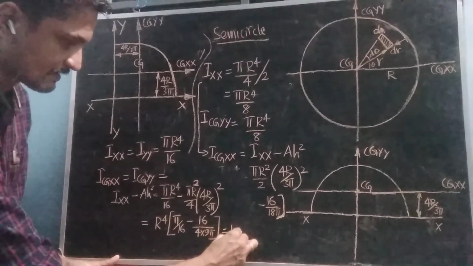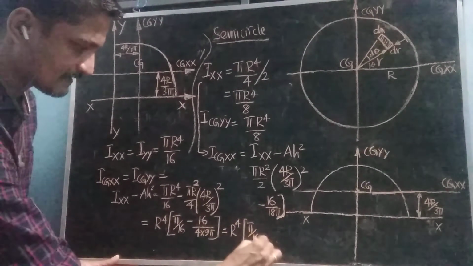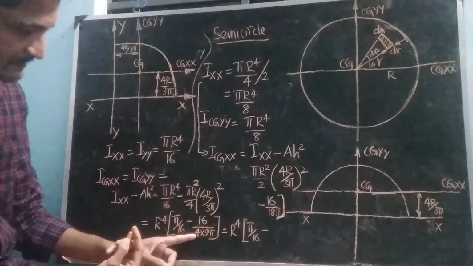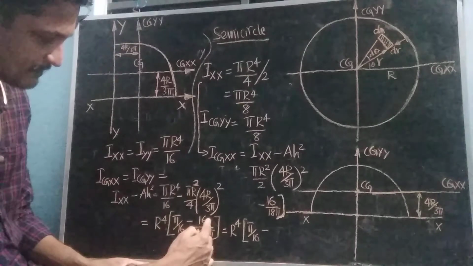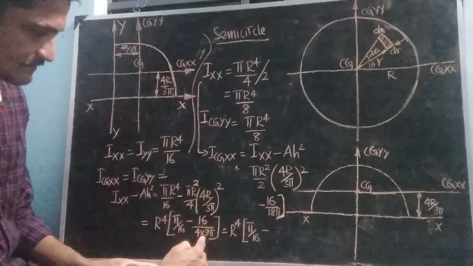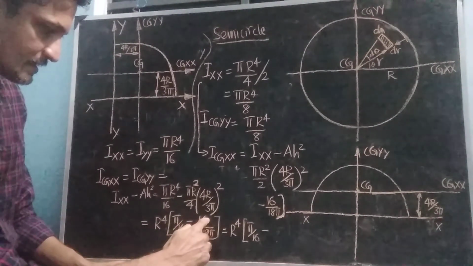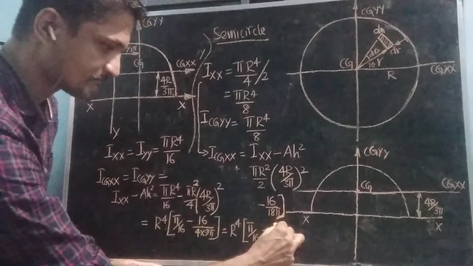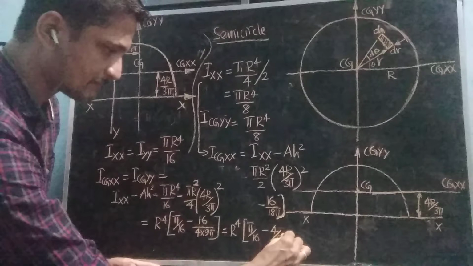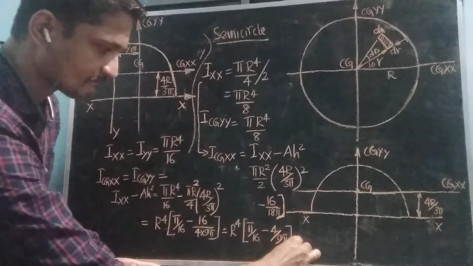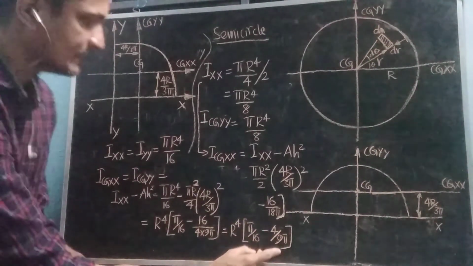That's equal to r raised to 4 into pi by 16 minus, here 8 by 9 pi. 16 divided by, okay, then this will become 4 by 9 pi. So r raised to 4 into pi by 16 minus 4 by 9 pi.